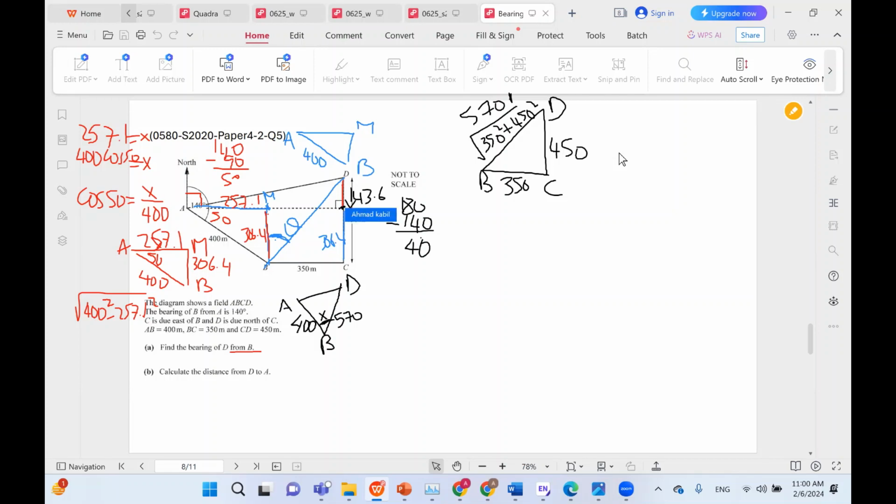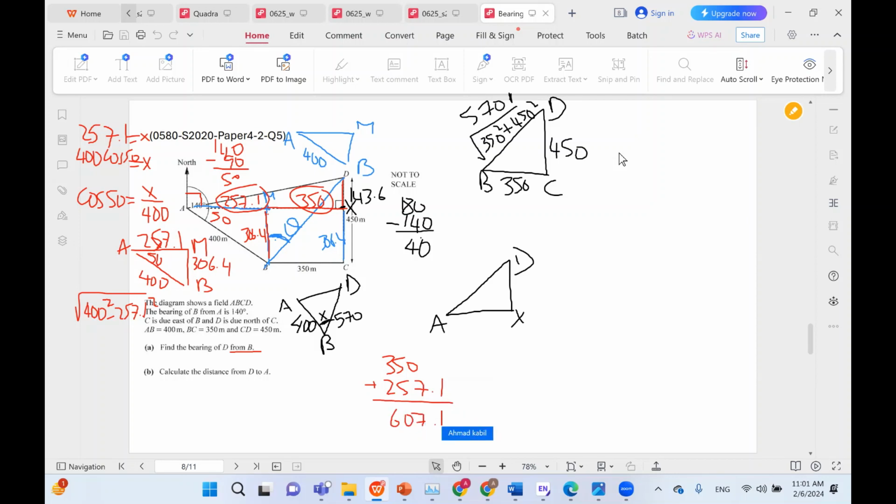Looking at triangle AXD, we can figure out that AX is basically composed of two parts. AX is composed of this part here, which is 350, plus this number that we got, which is 257.1. So if we add 350 to 257.1, we get 607.1, and this is the value of AX.